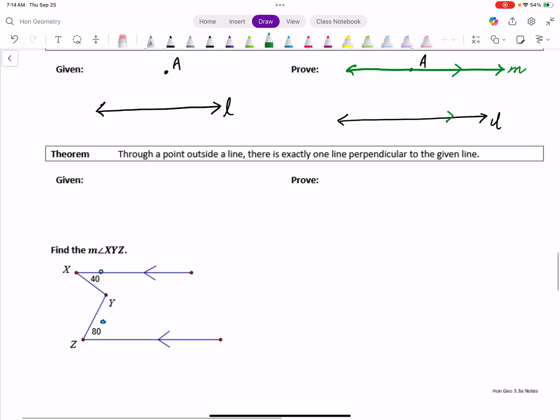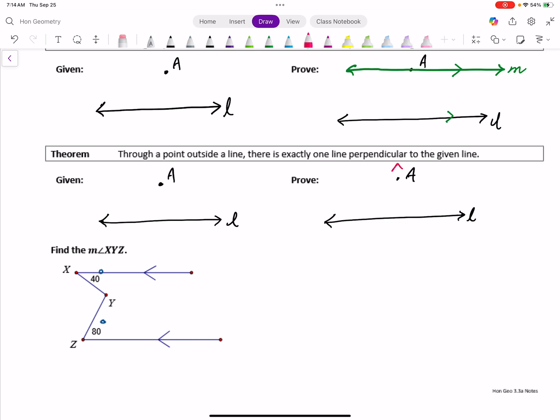And same kind of thing here. Like I don't think this is worth actually making a statements and reasons column. So you've got line L. There's a point outside a line. Let's do the same thing. Point A is up here. There's exactly one line perpendicular to that given line. So let's see. Here's L. Here's A. That line and that point are just in a single plane because you can find 3 non-collinear points.